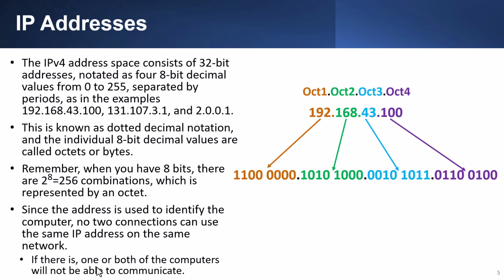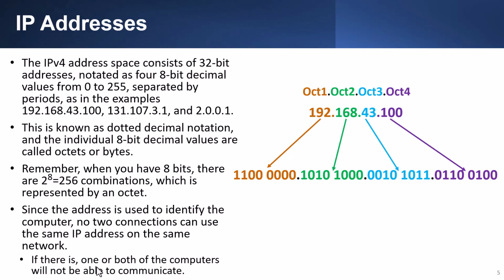The IPv4 address space consists of 32-bit addresses notated as four 8-bit decimal numbers from 0 to 255, separated by periods, as in the examples 192.168.43.100, 131.107.3.1, and 2.0.0.1.